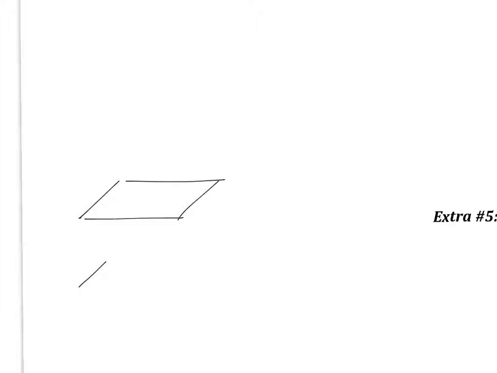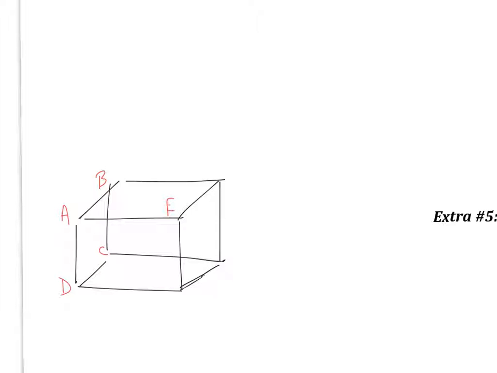I'm going to do 2 parallelograms of the same size, and then connect, connect, connect, connect. Just creating a box. Then I'm going to label A, B, C, D, E, F, G, H.